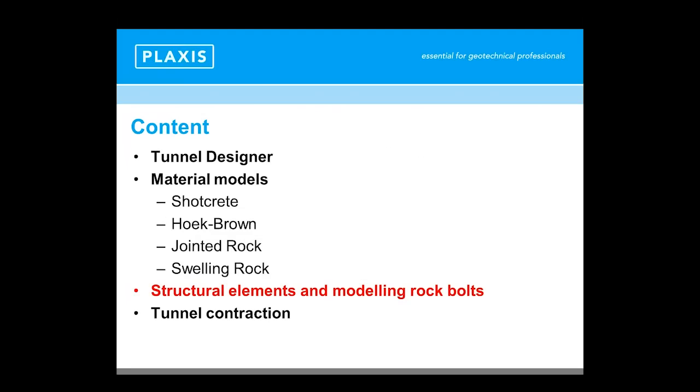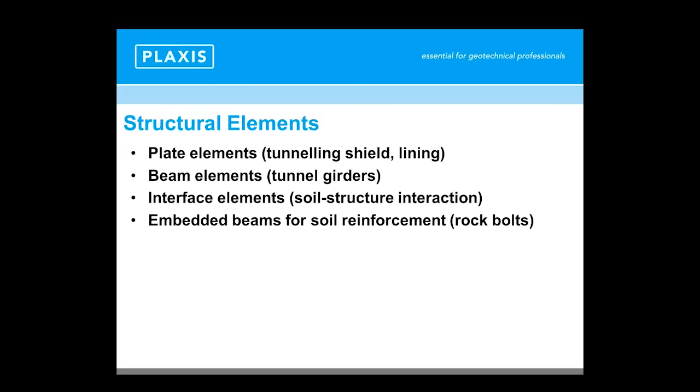The third part of this presentation is related to structural elements and modeling rock bolts. In PLAXIS, we are offering the following set of structural elements. Plate elements for tunneling shield and lining, beam elements, especially relevant for tunnel girders, for instance, interface elements for the consideration of nonlinear soil structure interaction, and finally, embedded beams for soil reinforcement in tunnel application, rock bolts.